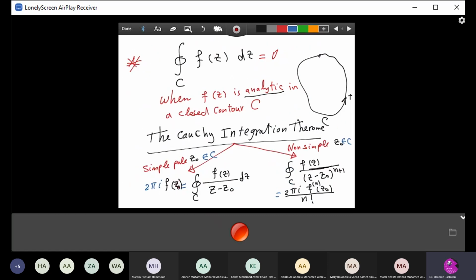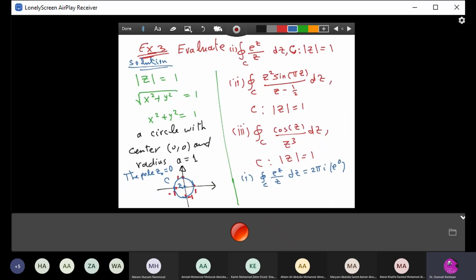Yes, this is my simple pole, right? So Z naught is 0, so I just have 2 pi I. Finish number 1. Okay?